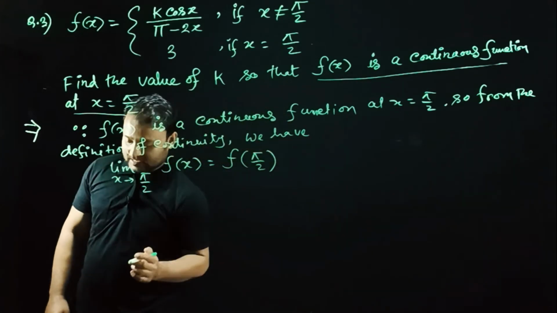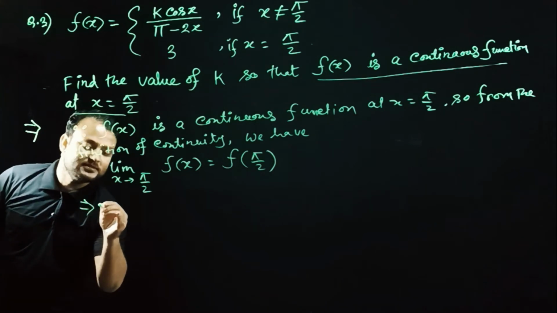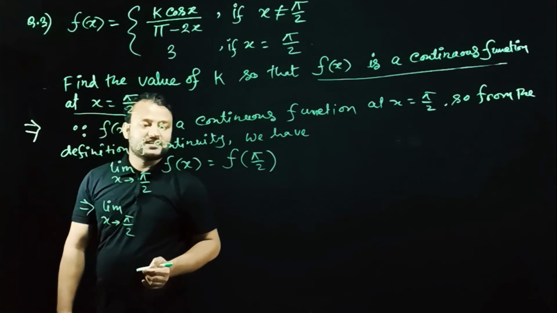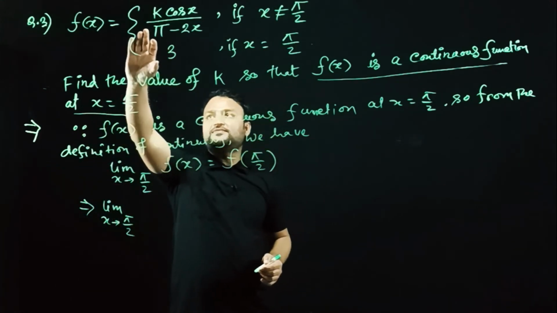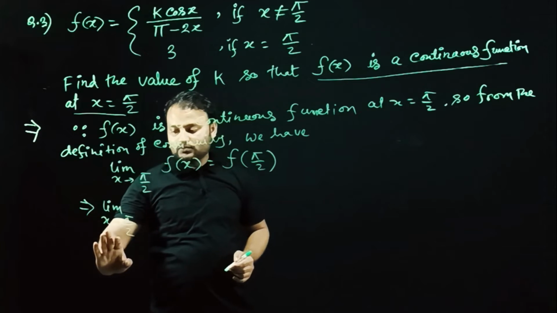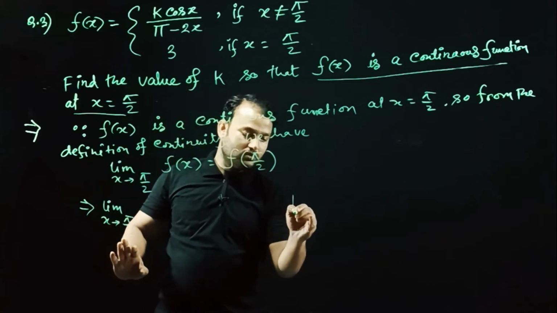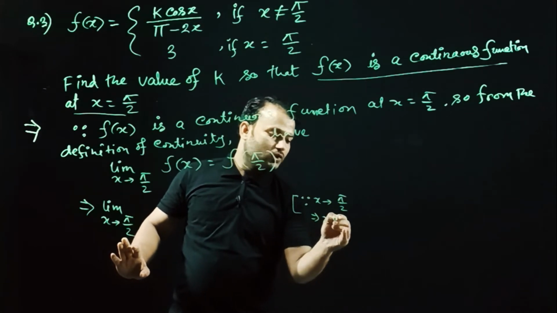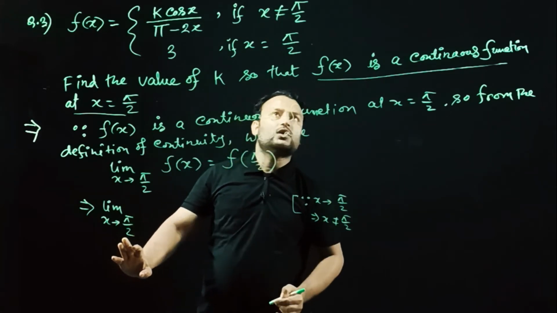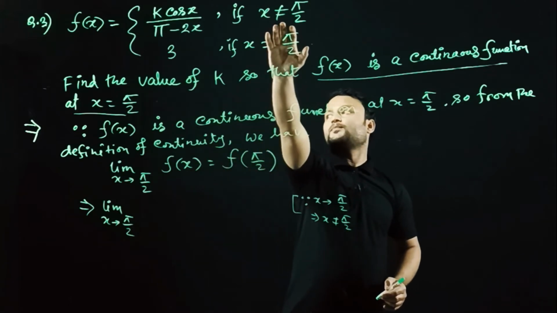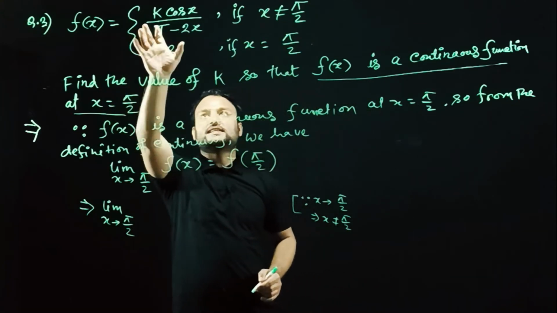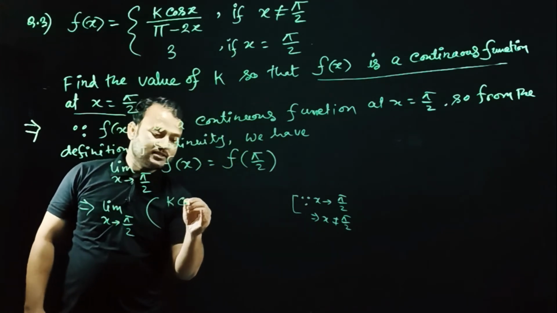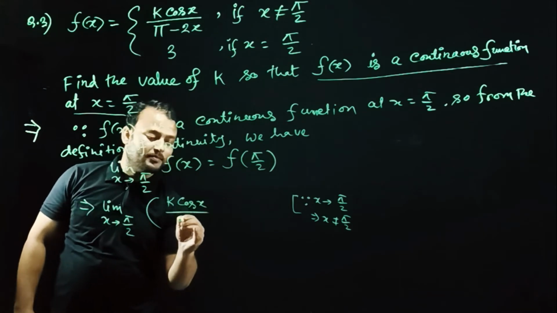Now we find the limit value on the left hand side. Limit x tends to pi by 2 of f of x. Since x tends to pi by 2, meaning x is not equal to pi by 2, we put in the first part of f of x: k cos x divided by pi minus 2x.